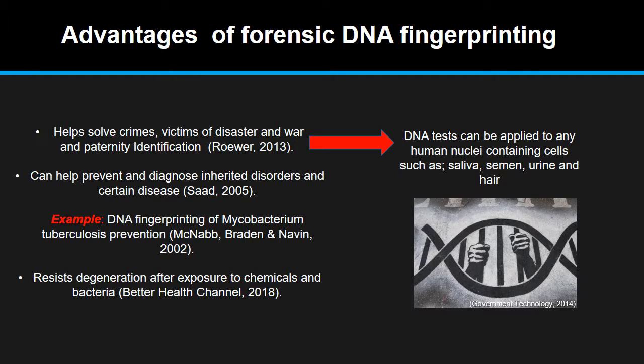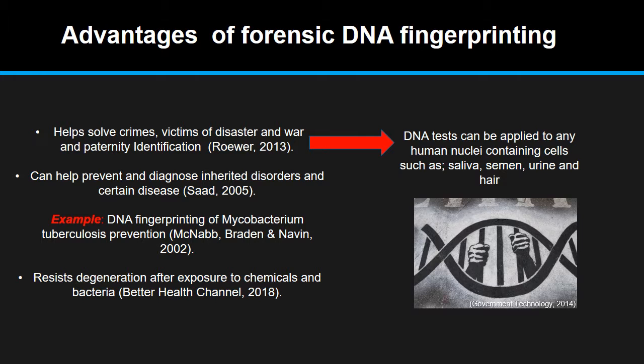Now I'll talk to you a little bit about the advantages, disadvantages, and the future applications of forensic DNA fingerprinting. A big advantage that we're all probably aware of is the fact that DNA fingerprints help to solve crimes. It can convict criminals, exonerate the wrongly accused, help victims of disasters and wars, as well as establish paternity in child support litigations and custody.